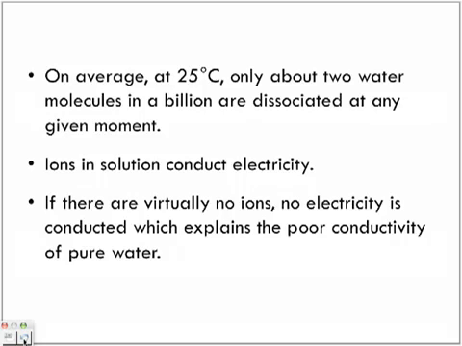On average, at 25 degrees Celsius, only about 2 water molecules in a billion will actually dissociate as such. That's at those conditions. Ions in solution usually conduct electricity. That's why, since there are really no ions in water, water is not considered a good conductor.